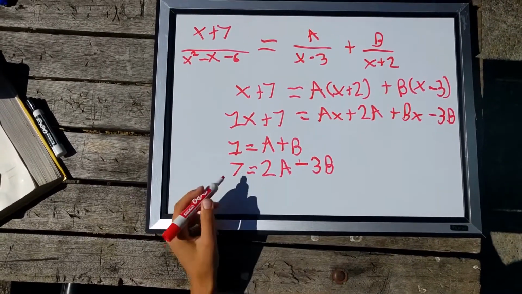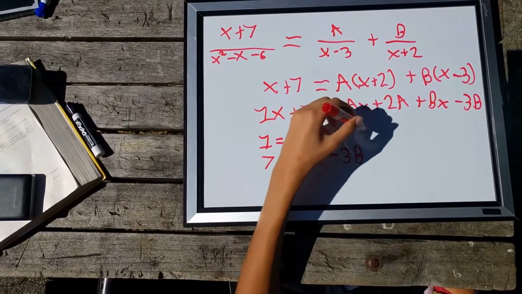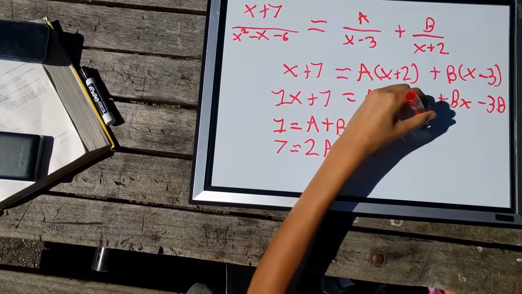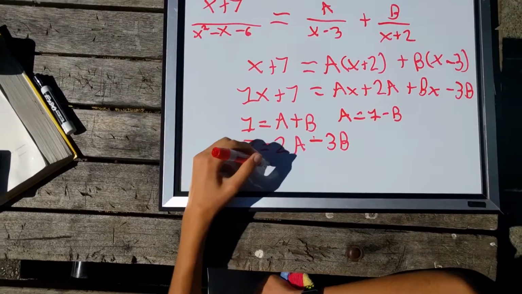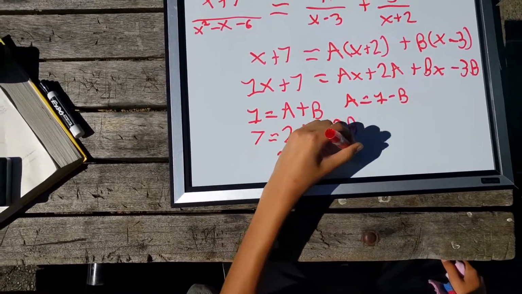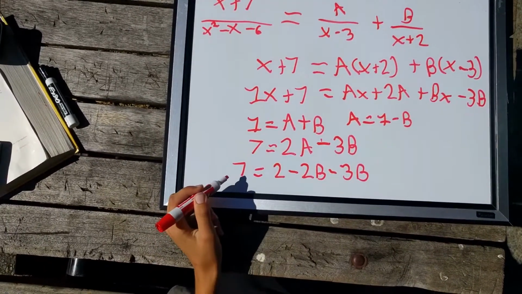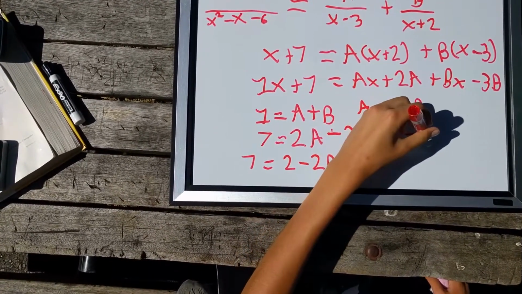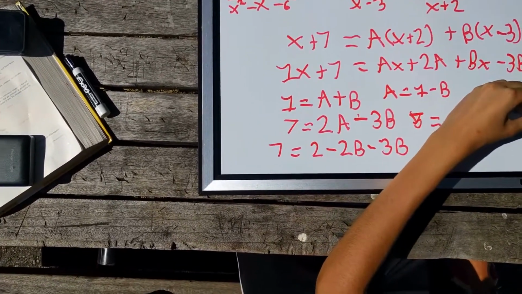So you'd want to get one of the variables by doing A is equal to 1 minus B. Then you plug that into this equation to get 2 minus 2B minus 3B is equal to 7. So then you subtract to get 5 is equal to minus 5B, so B is equal to minus 1.